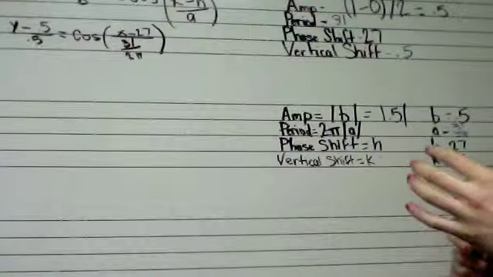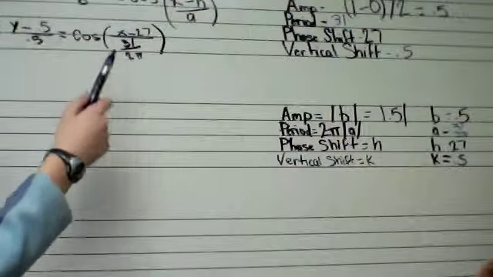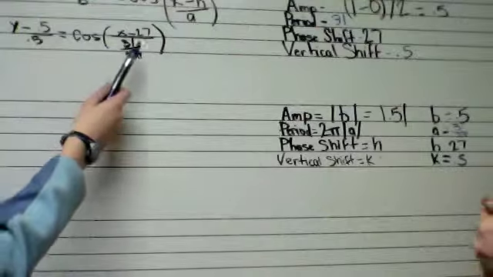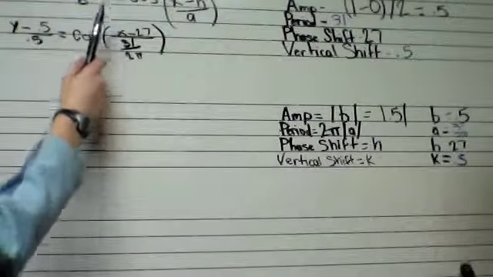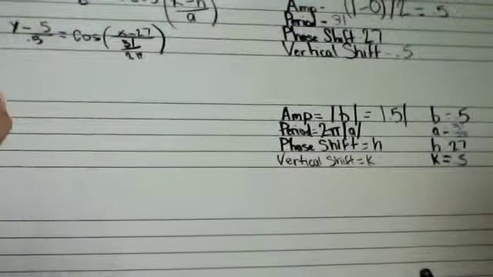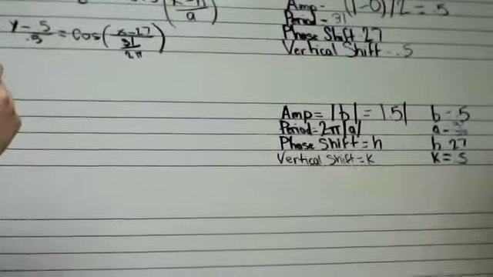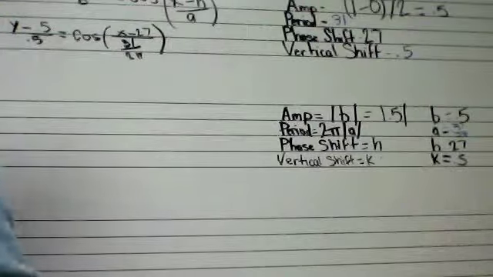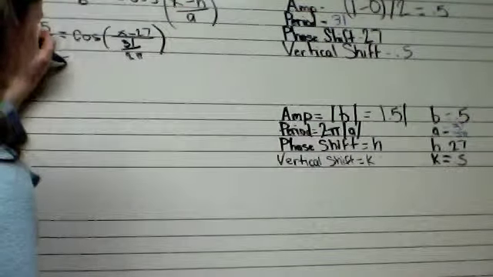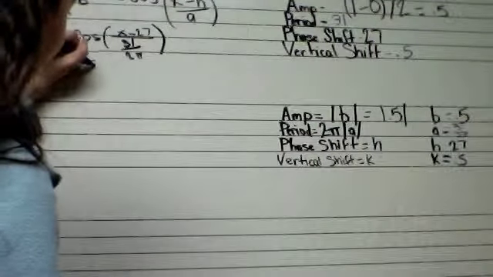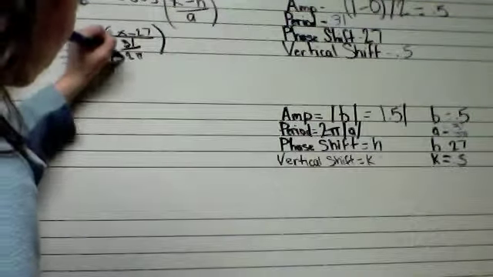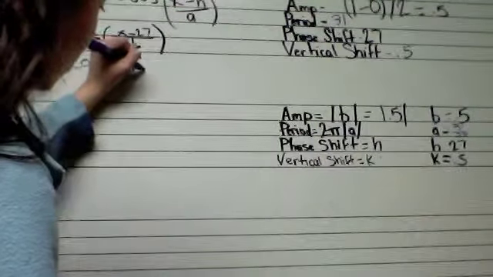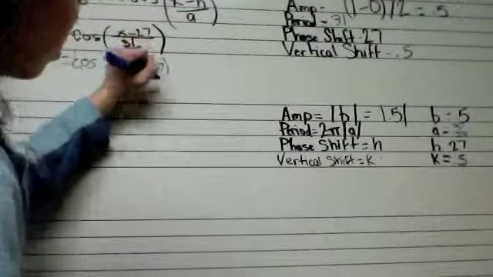And now, instead of having this 31 over 2 pi in the denominator, this is the same thing as taking all of this times the reciprocal, 2 pi over 31. This is going to be the same thing as cosine of 2 pi over 31 times x minus 27.